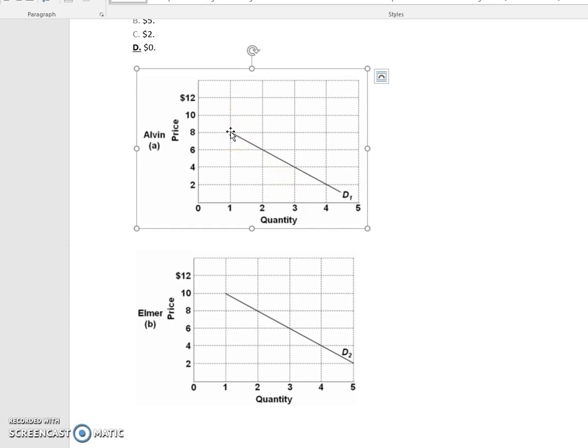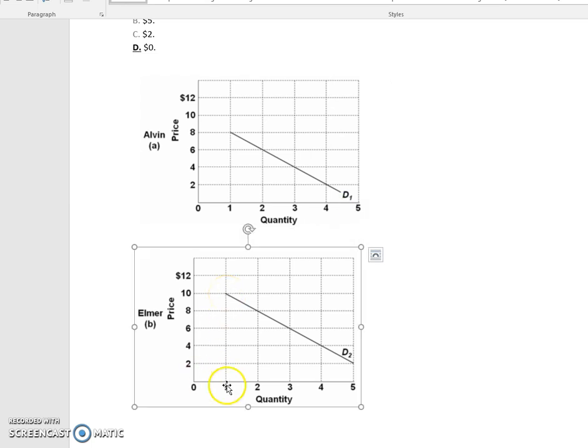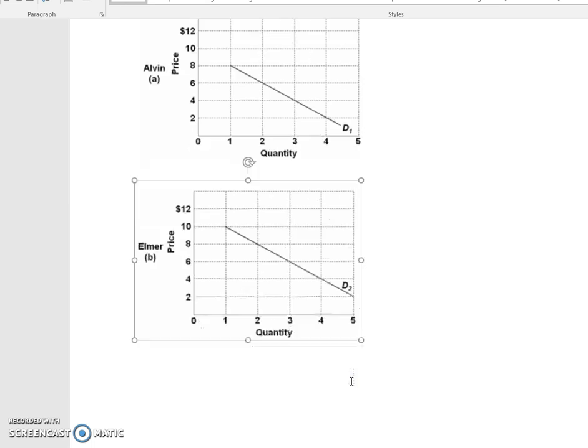For price $8, they want to pay $8 for 1 unit of the output, and $2 or $1 for 4.5 units of the output. That is the D1 demand curve. On the other hand, Elmar wants to pay $10 for the first unit of output, and $2 for the fifth unit of output. So that is D2.